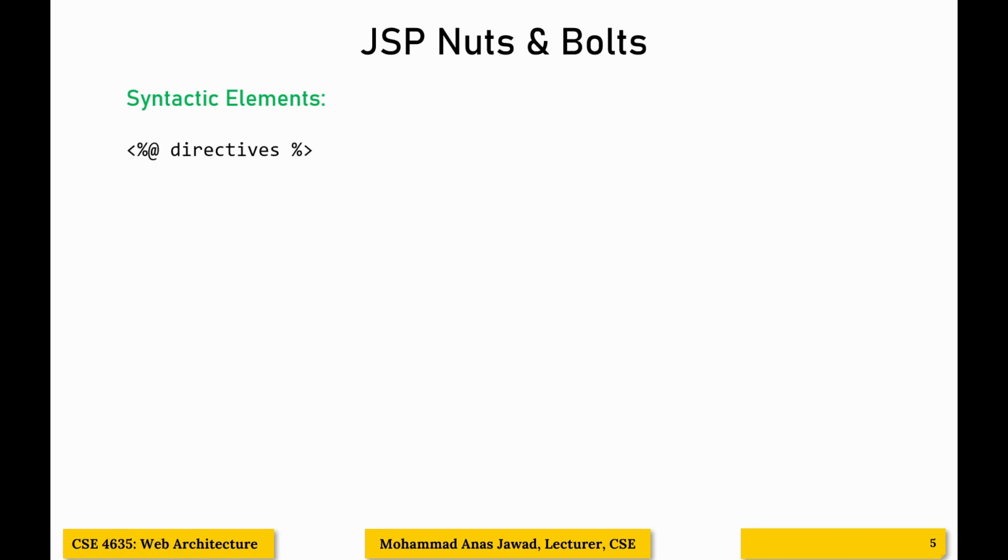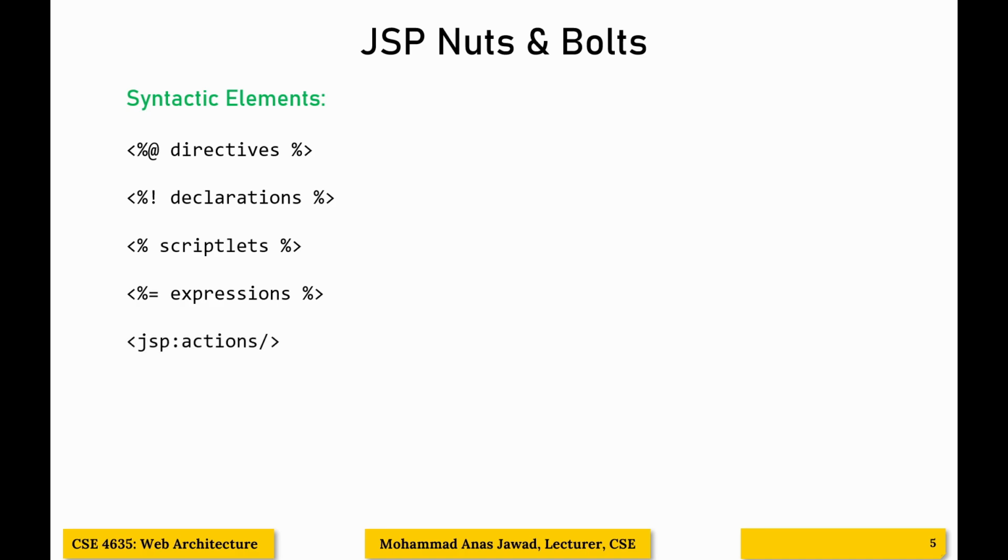Now let's look at some of the nuts and bolts of a JSP page. The syntactic elements in a JSP page include things like your directives, declarations, scriptlets, expressions, JSP actions, and comments. Directives are used to give special instructions to the container while the JSP page is getting translated to servlet source code. Declarations are used to define class-wide variables and methods, which will be used in your JSP page.